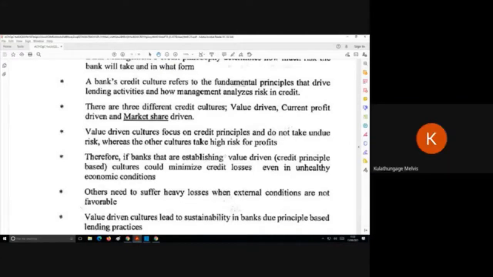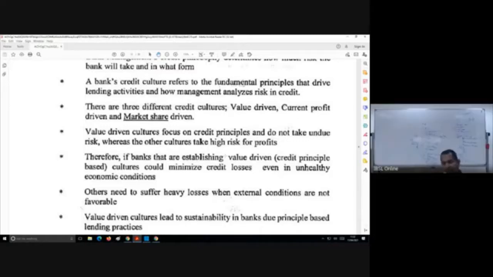So what are the other 2 credit cultures except value-driven? It is value-driven, current profit-driven, and market share-driven. Current profit-driven, as I explained, we are looking at profits. The first thinking is I need to have profit this year. If something goes bad, we look at it separately. So in that case, we tend to give a lot of clean facilities, credit cards, TODs, all those things.